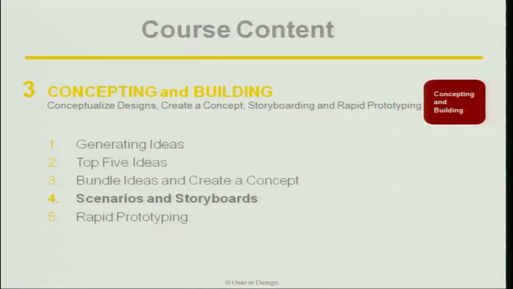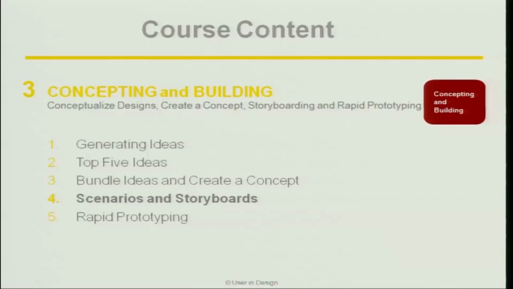So that brings us to the end of the subsection called Bundle Ideas and Create a Concept. So far you have seen how we started out with our insights and then framed questions like "how might we" in order to help us ideate, and then we found different idea generation techniques, and out of those there's one idea that we took forward called the top 5 ideas.